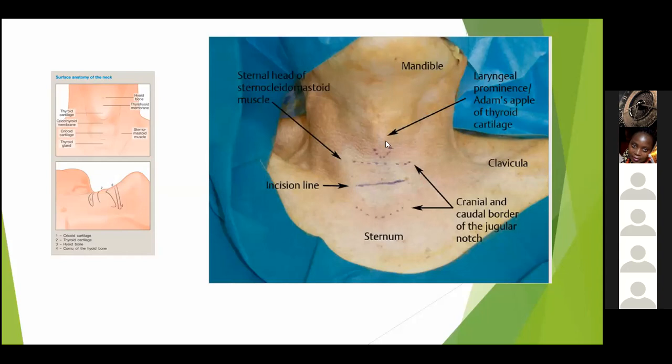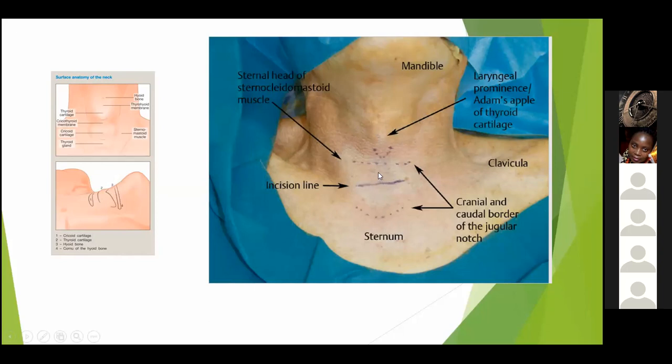So our tracheostomy is going to be placed midway between the laryngeal prominence and the sternum. Yeah, this should be your notch here. So midway between the two, this is where your incision is going to be.